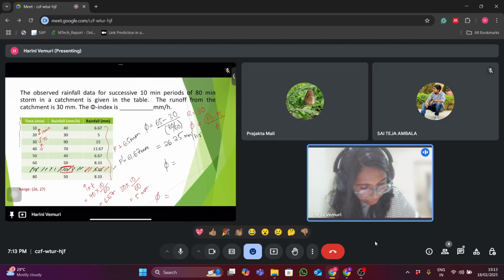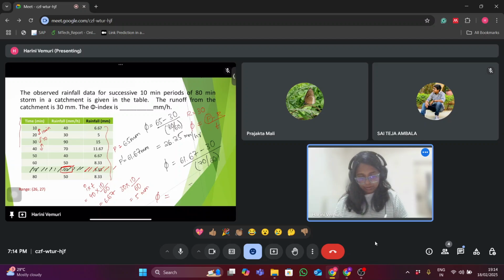Then the total rainfall is 61.67 mm minus total runoff, by, since this 10 minutes duration is not giving us runoff, the total time for the storm will be 70 minutes divided by 60. 51.67 divided by, once I use the calculator, it's 27.14 mm per hour.